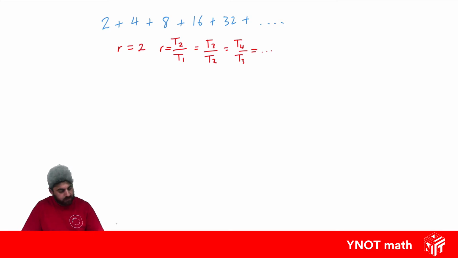And just like an arithmetic series, we have a equaling the first term and n equaling the number of terms in the series.